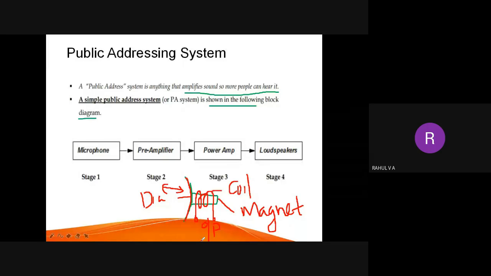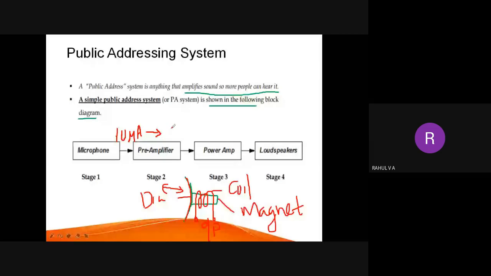But the problem is the output of the microphone will be very small. It will be in the range of milliampere, microampere. So we have a pre-amplifier circuit. For example, if this is some 10 microampere, the pre-amplifier circuit will convert this small signal into a slightly larger signal, say 10 milliampere.